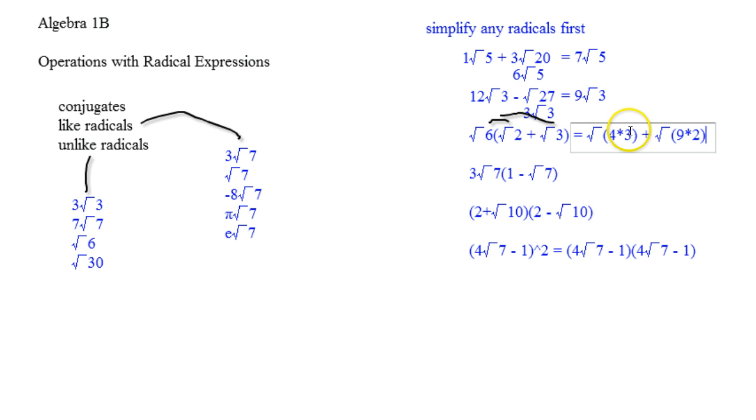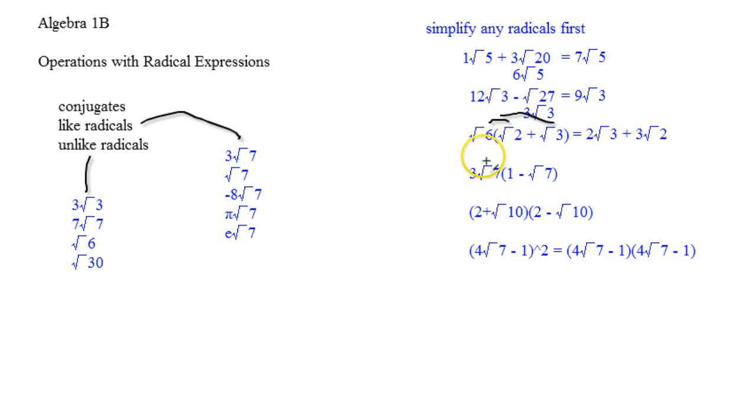Then you can simplify that even further, because you know the square root of 4 is going to be 2, and you know the square root of 9 is going to be 3. So this becomes 2 root 3 plus 3 root 2. Now, surprisingly enough, you cannot add those, but you can at least simplify it so that it's a lot easier to work with.